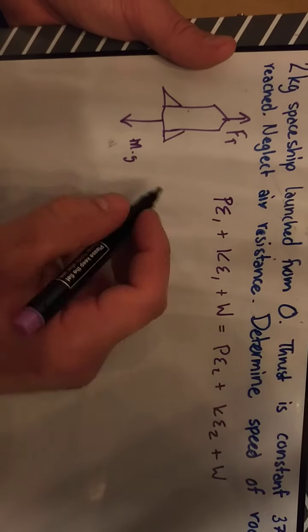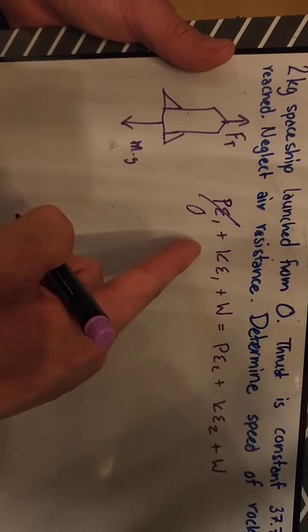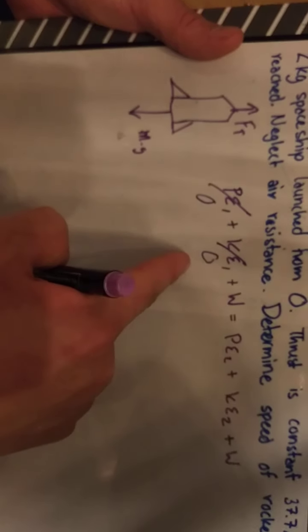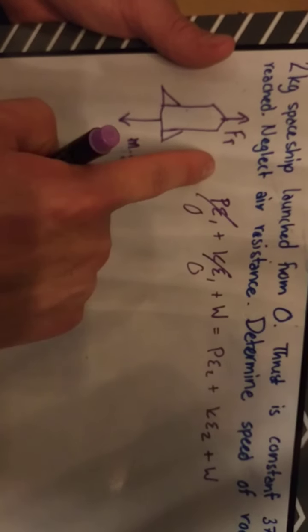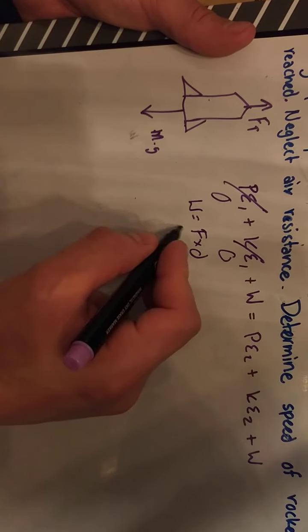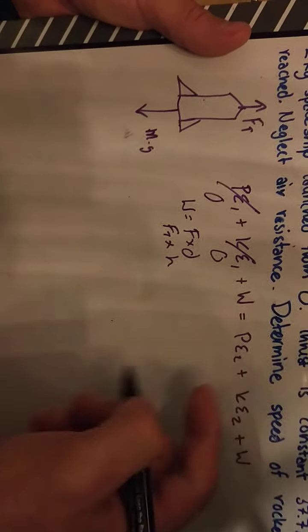So, since on the ground there's no potential energy at 0, there's also no kinetic energy because it's not moving. Now, there is work because we're having the thrust work. Work is just going to be force times distance. So it's going to be the force of thrust times the height reached.